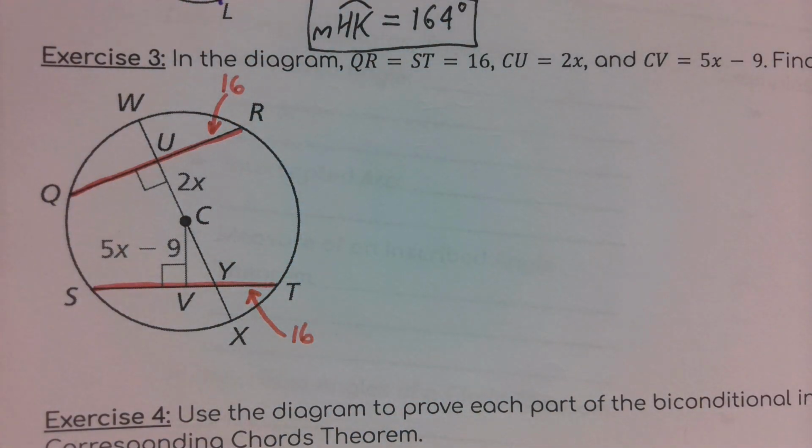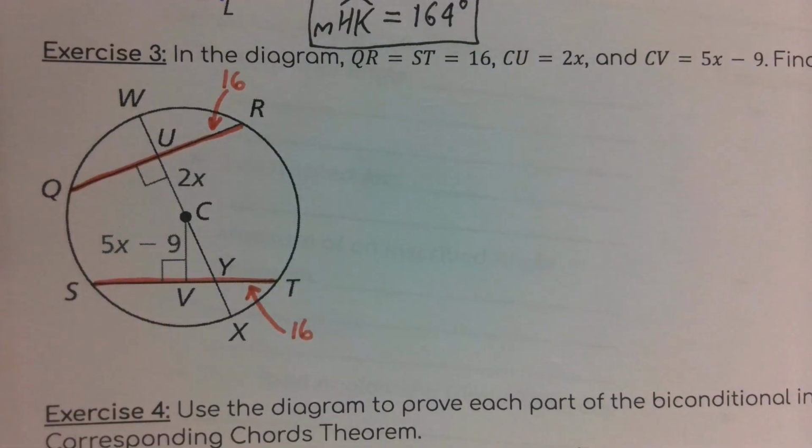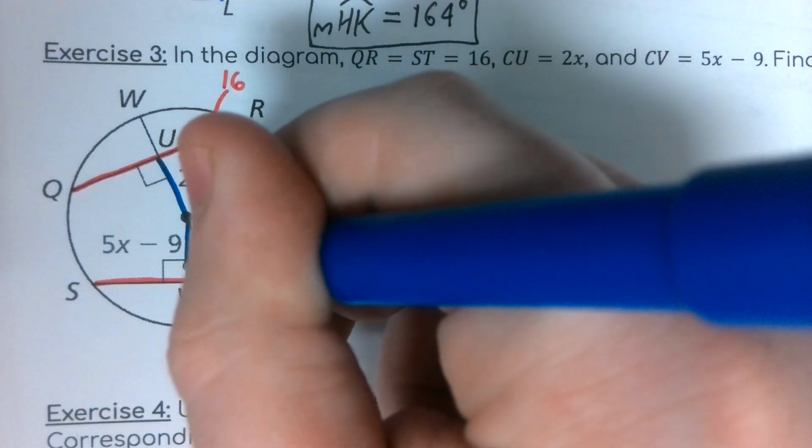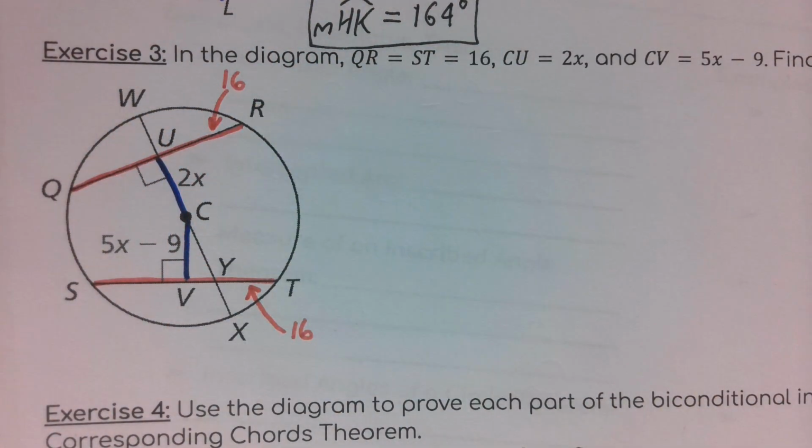CU is marked as 2x, CV is marked as 5x minus 9. So there and there. And just from that, we need to figure out the radius of this circle. We're asked to find the radius here. What a bizarre thing to find.